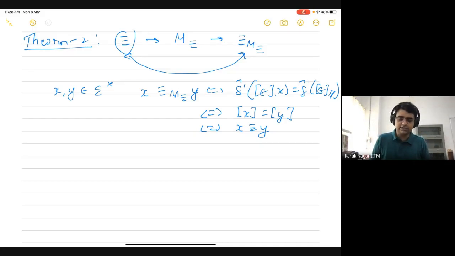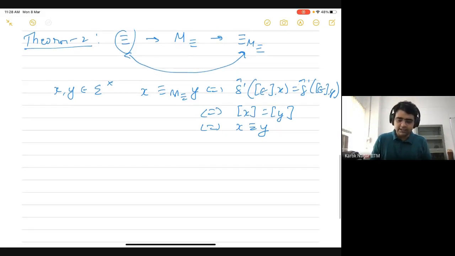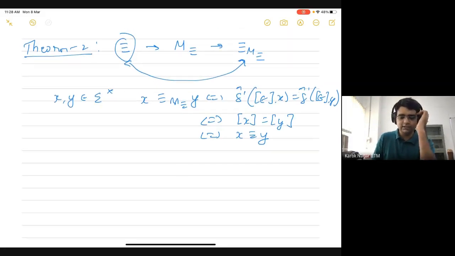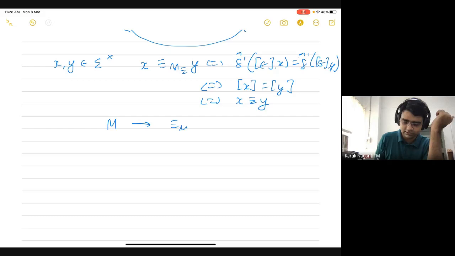So that proves this theorem: if you begin from some arbitrary Myhill-Nerode relation and you construct its DFA, and then you construct the Myhill-Nerode relation that is induced by this DFA, you will get back the original relation. Similarly, you can do this procedure the other way around. Let's say you begin from some arbitrary DFA M, and from this DFA you construct its Myhill-Nerode relation.